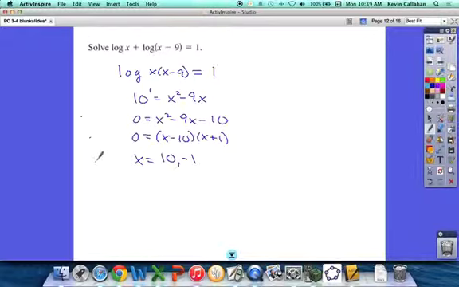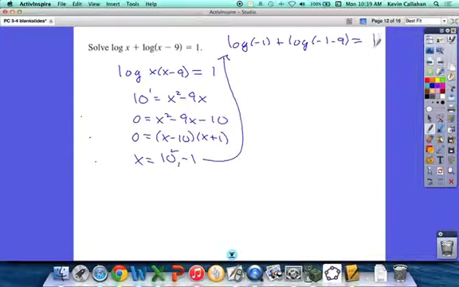If I plug in x equals 10, log of 10, fine. And the log of 10 minus 9, that's the log of 1. No problem with that, right? Check. But what happens if I plug in negative 1 here? If you check for negative 1, then we have the log of negative 1 plus the log of negative 1 minus 9 equals 1.